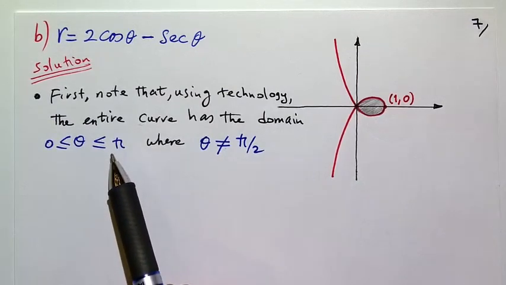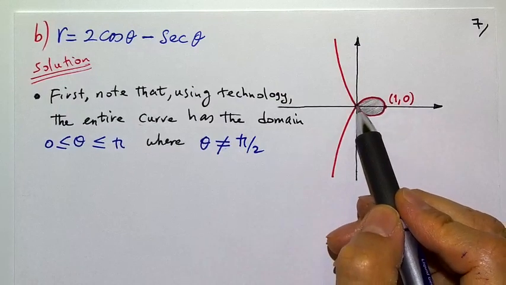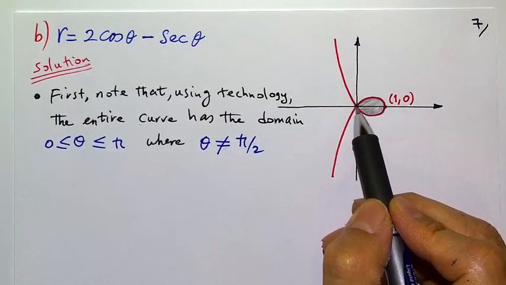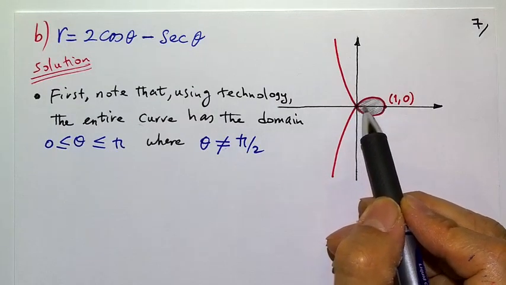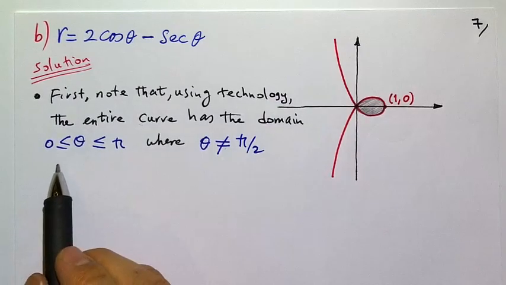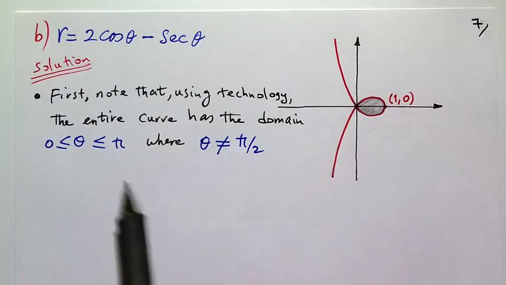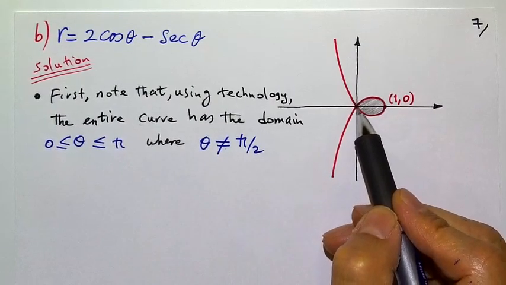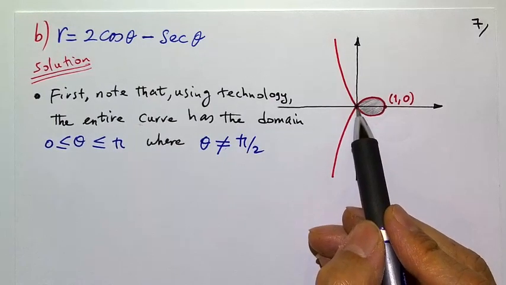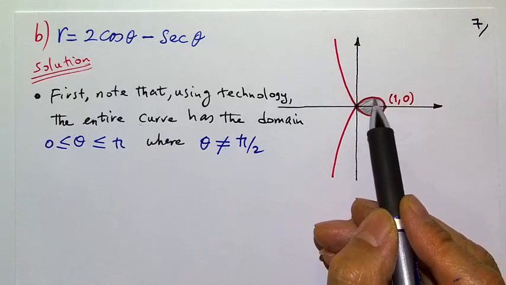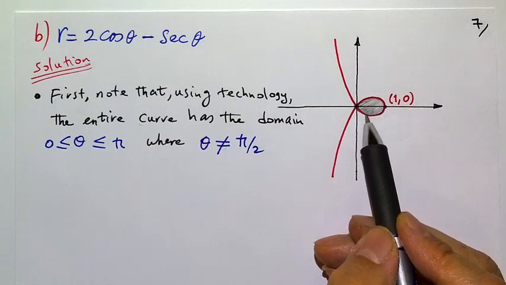And then, so the curve really is going through the origin or the pole twice. So we're going to have to find out after tracing what angle. It starts from 0 and then it goes through the pole after tracing some theta, right? And we need to find out what that theta is.